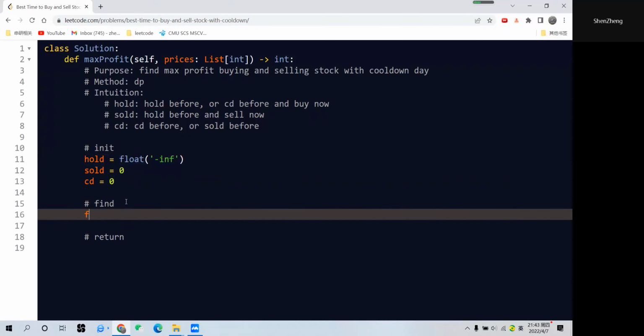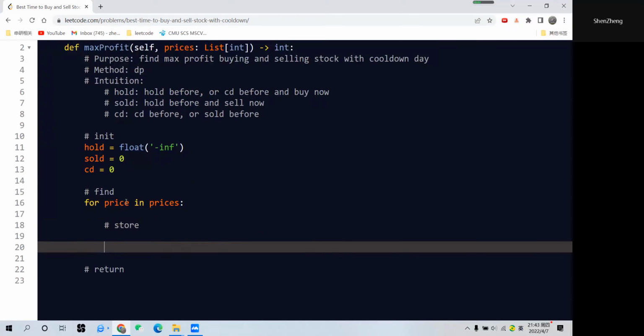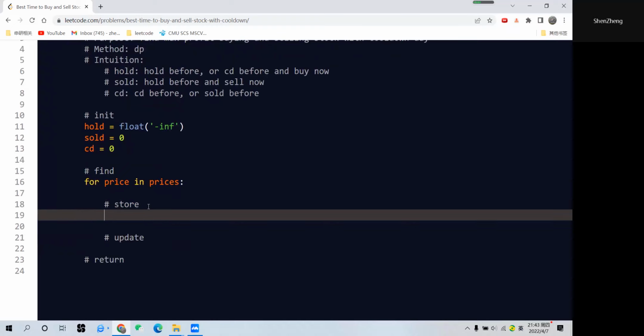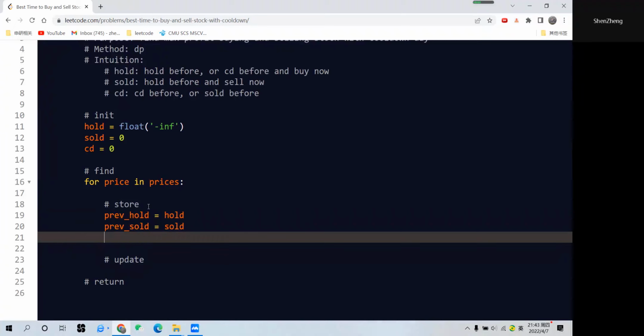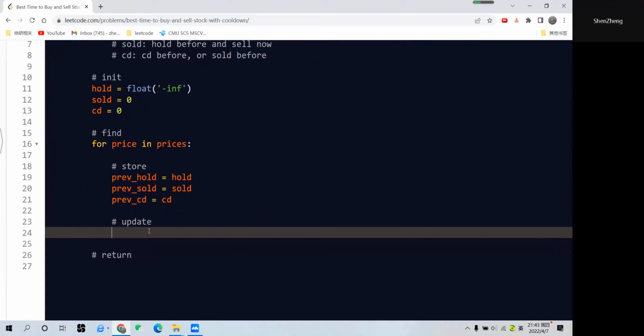Okay, after that, let's traverse all elements in the prices array. The first thing is to store the variables from the previous iteration, and then we can update them in the current iteration. Let's say the previous hold is hold, and the previous sold is sold. And also the previous CD is CD, which is cooldown. After that, let's make an update for the current iteration.